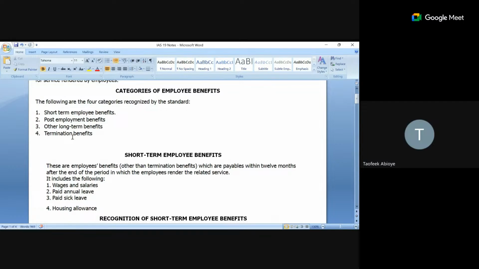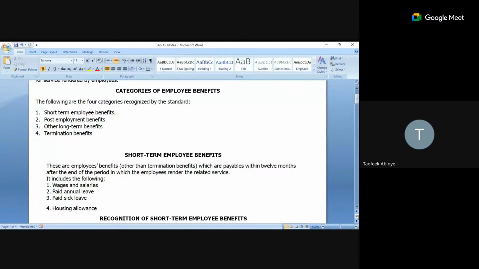Other long-term benefit is a benefit that will be paid for more than 12 months. Then we have termination benefit.